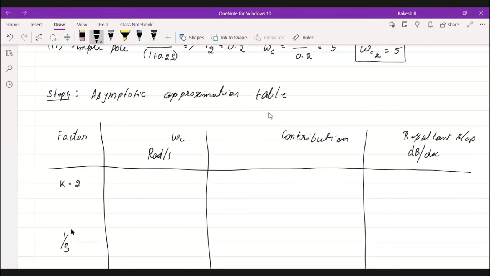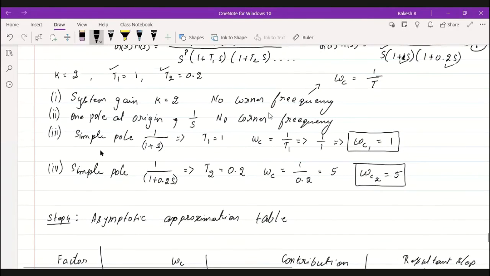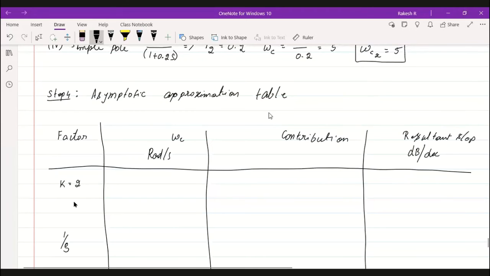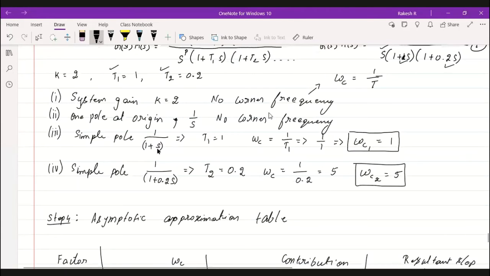Right. Next, when you want to choose the third one, you need to check the corner frequency. You need to see which has the lowest corner frequency. When I compare these two here, this third one, 1 divided by 1 plus s, has the lowest corner frequency, that is 1. Again, I'm repeating. The first one is system gain k, which we have chosen.